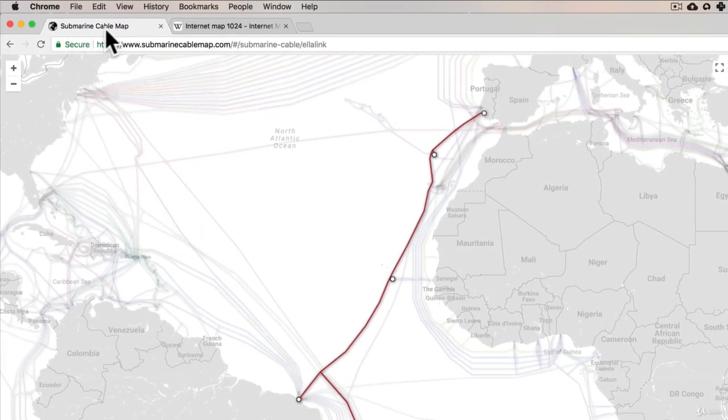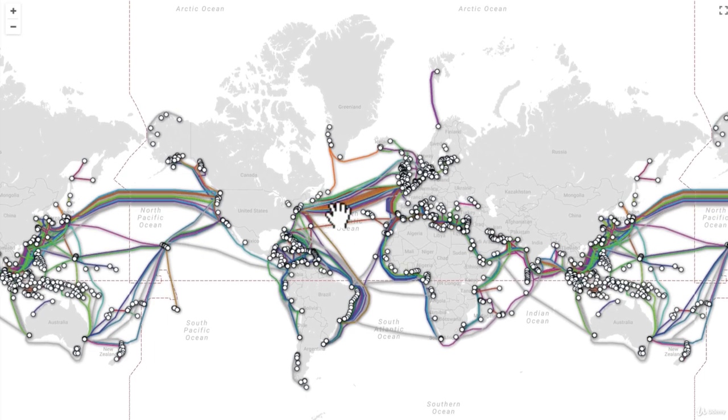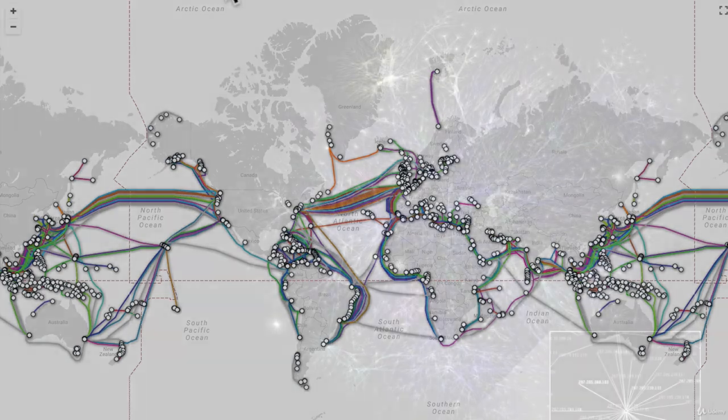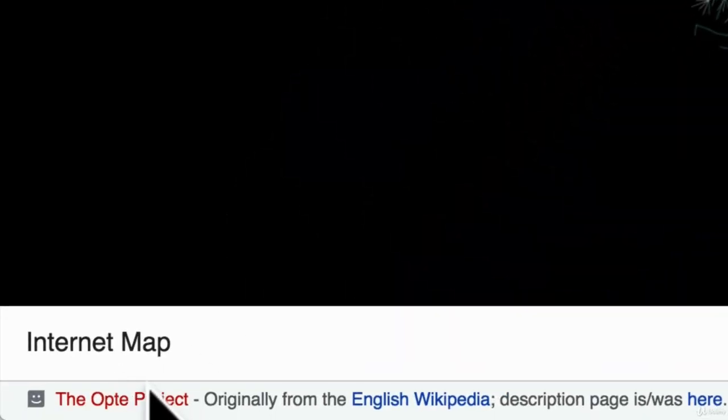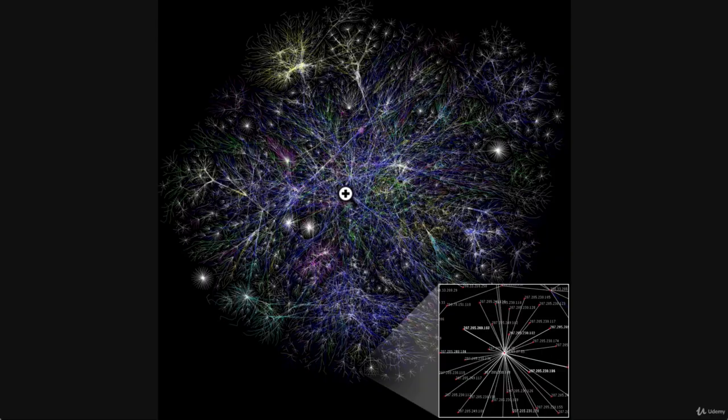But yeah, the internet backbone is literally just this network all over the world of connected cables so that we can transfer these files all over the world. And just to show you how insane this is, somebody from the Opte project over here, I got this off of Wikipedia, mapped out, I believe this was in 2015, just 30% of the network.